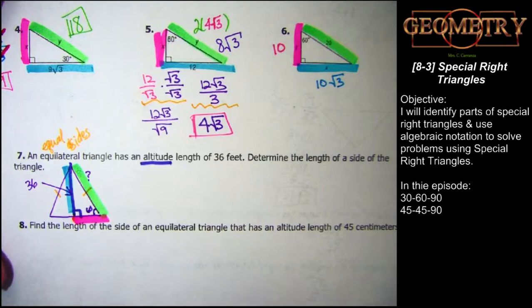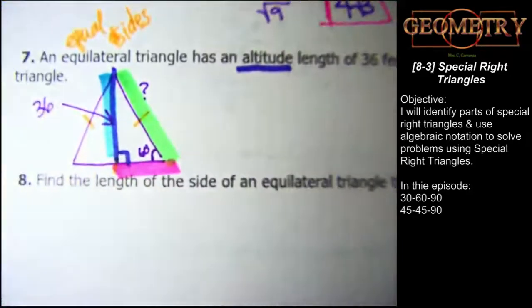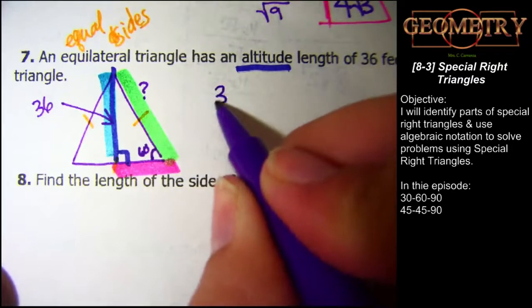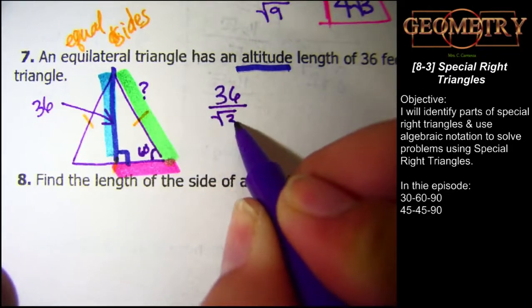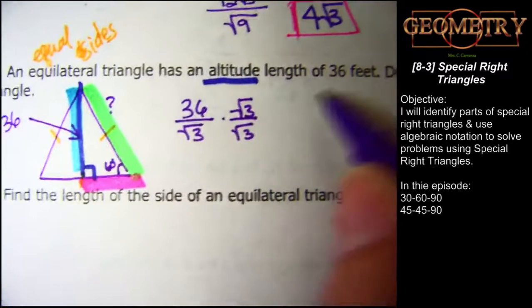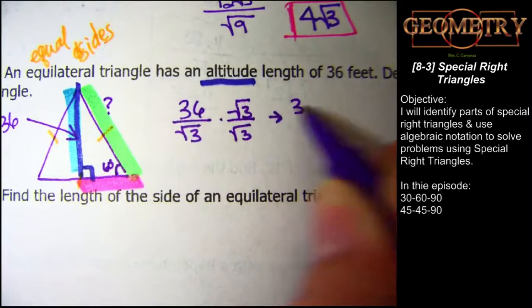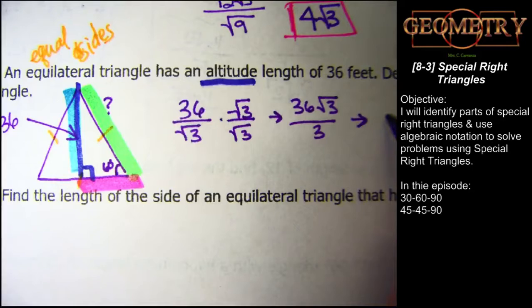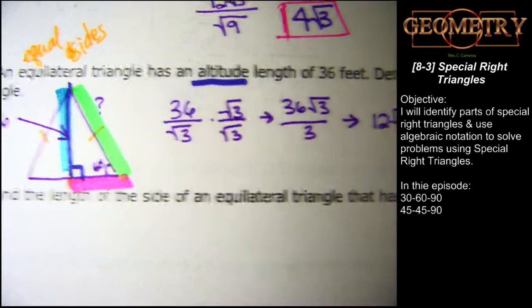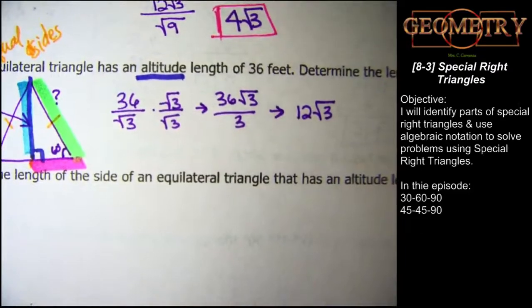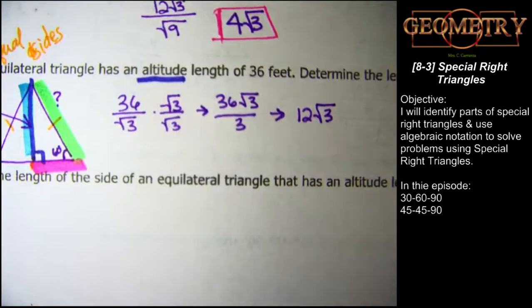To go from big leg to small leg, what do I do? Divide by square root of 3, which I'm going to rationalize. I skipped writing a few steps in there, but the process is the same as up above.